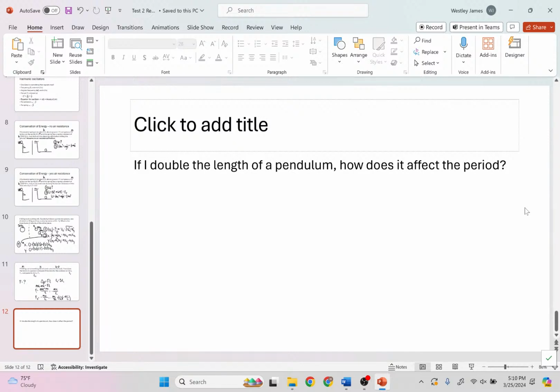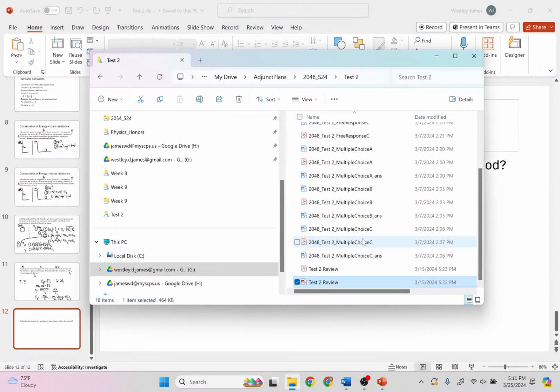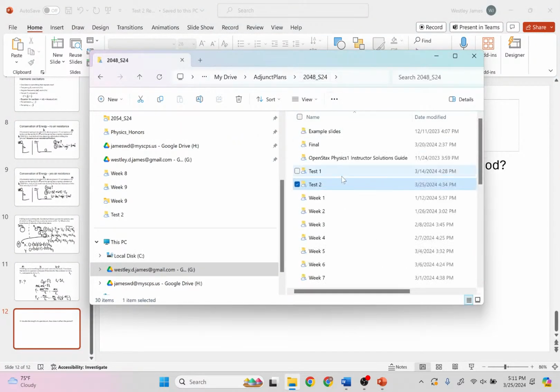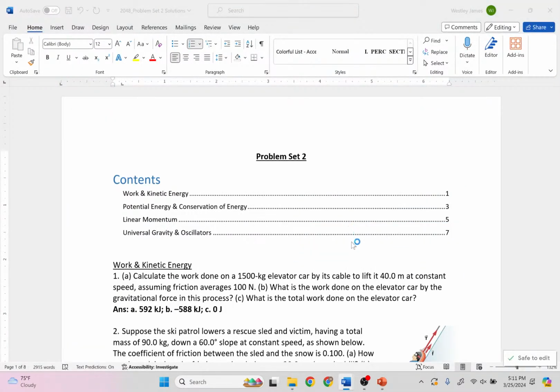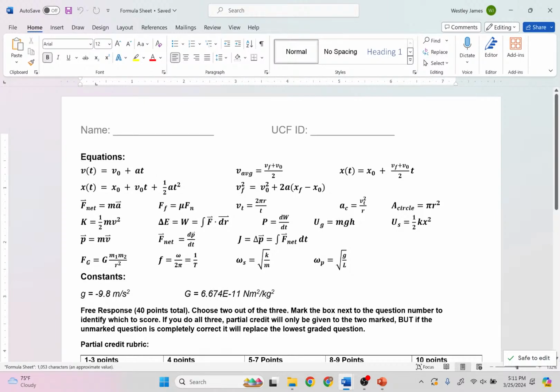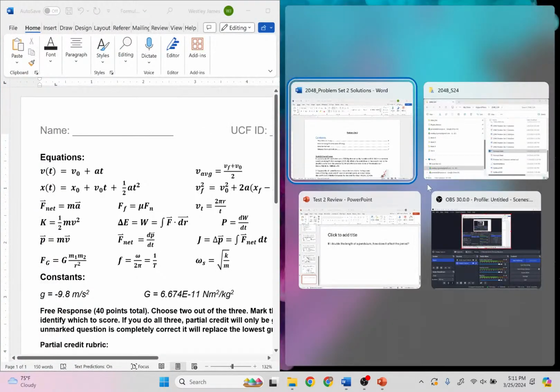It boils down to, what information do I have? What's being affected? So if I double the length of it, let's see, can I put both of these up at the same time and actually be legible?